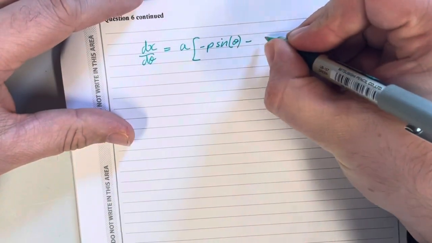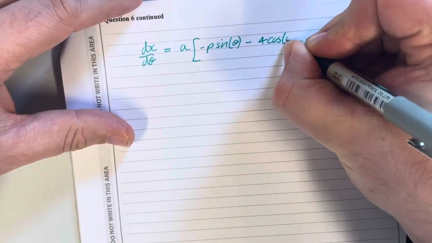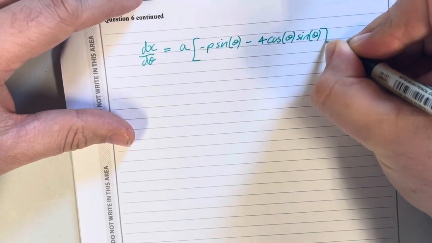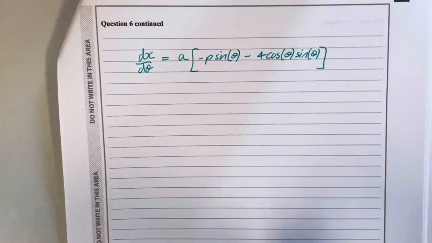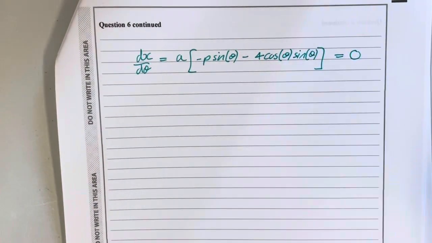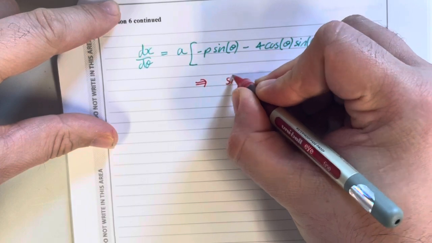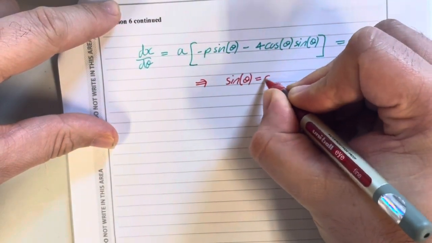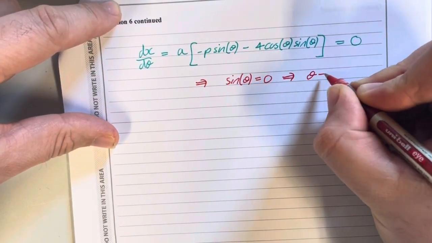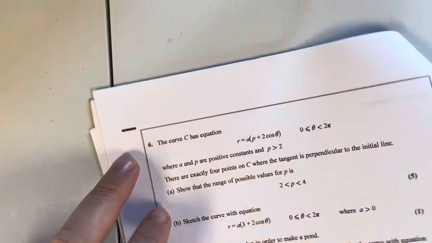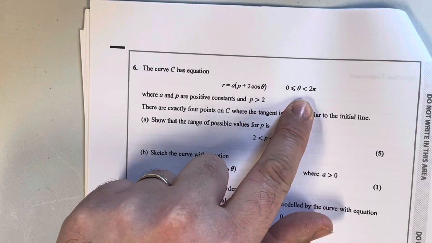So we end up with minus 4 times the cosine of theta times the sine of theta. There's our derivative. We want to set that to be 0. So this implies that either sine of theta is 0, which implies that theta is either 0 or pi, because those are the two values of theta in range.